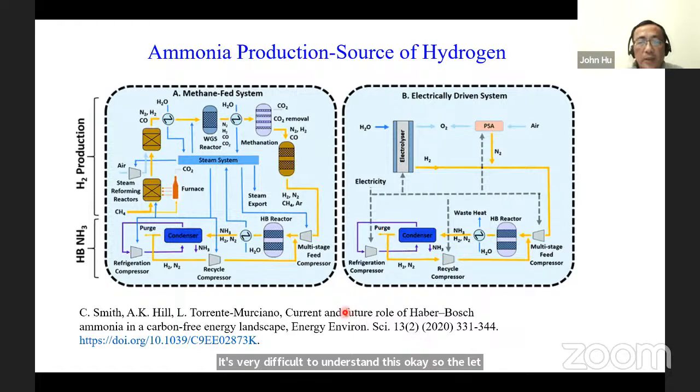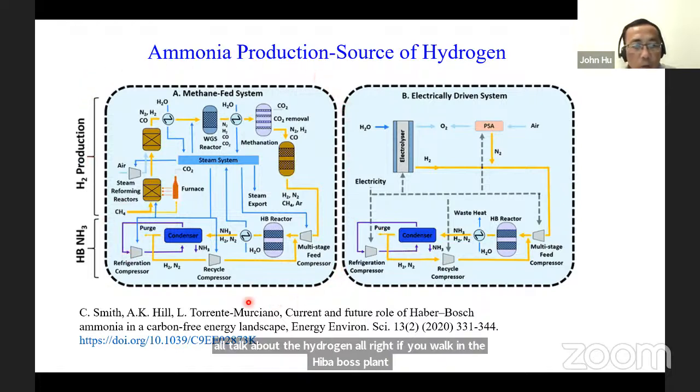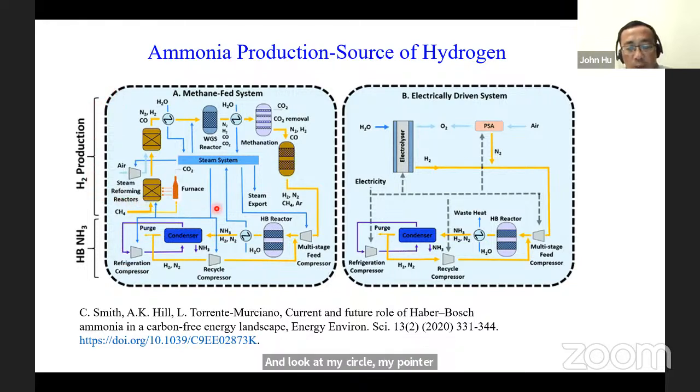Ammonia synthesis. We all talk about hydrogen. If you walk into a Haber-Bosch plant, look at my circle, my pointer. More than half of the units in the Haber-Bosch plant are like this. Basically, you are producing hydrogen. So how do you produce hydrogen? You need to have the fuel come in, let's say methane.